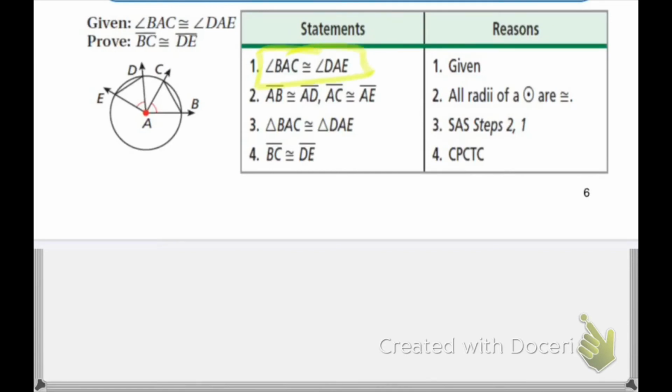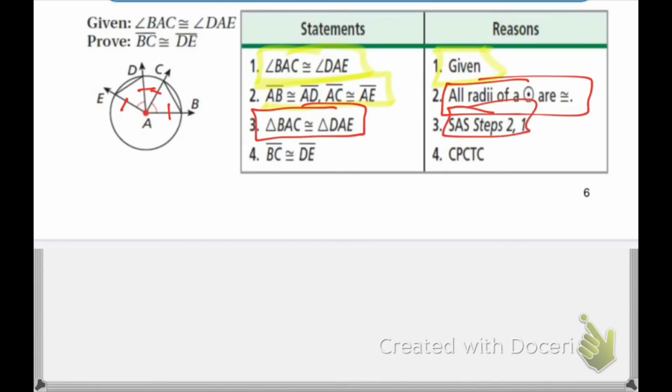If you start with the central angles being congruent, let's say that's our given information, then we know that these sides are all congruent because they're all radii. You take the radius, move it around, and since all radii in the circle are congruent, the sides which create triangles are also congruent, which means our triangles are congruent by side angle side, therefore everything is congruent by CPCTC.